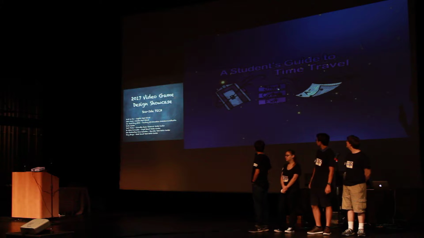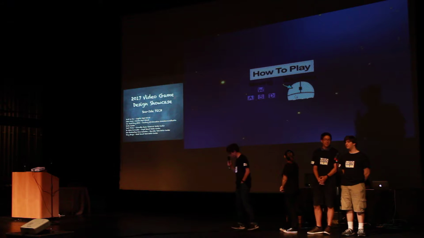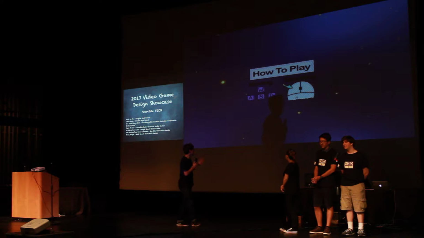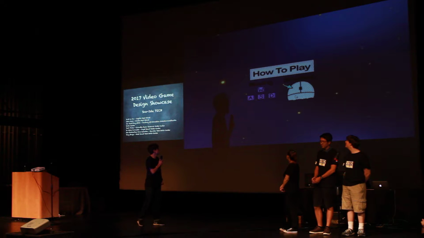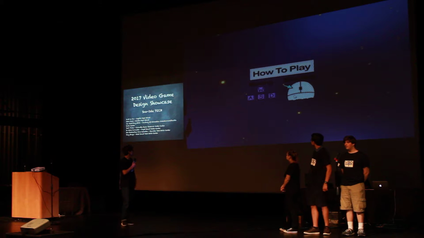Some of the functions we have here in the title screen is, as you're seeing here, a control button, which allows you to go to the controls and see how to play the game.